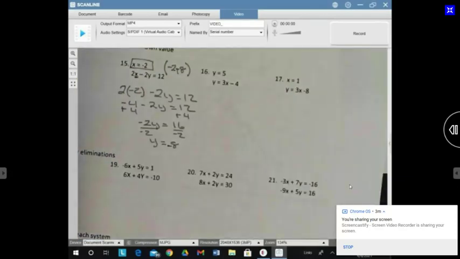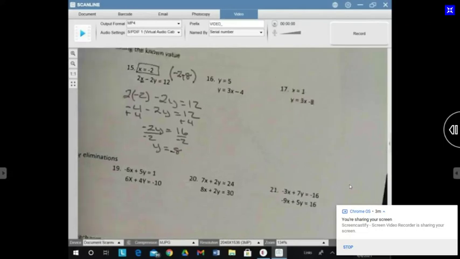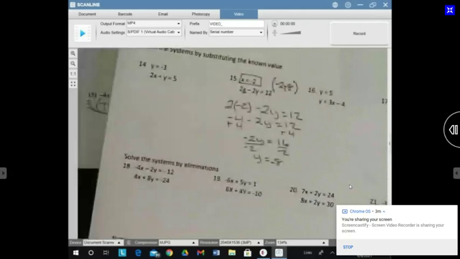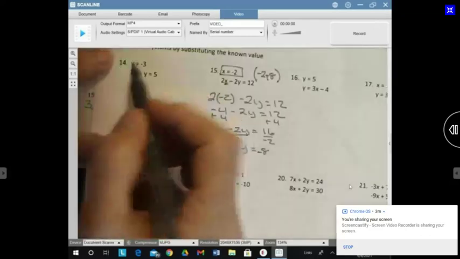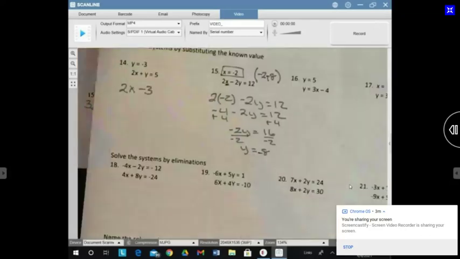All right, which other? Let's do one more up here. Which other one? Y'all pick. 14? So y is equal to a negative 3. So I'm going to say 2x minus 3 equals 5. Right? I'm taking out the y and putting what it is equal to in.